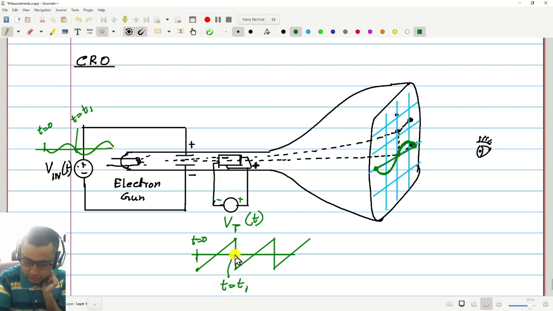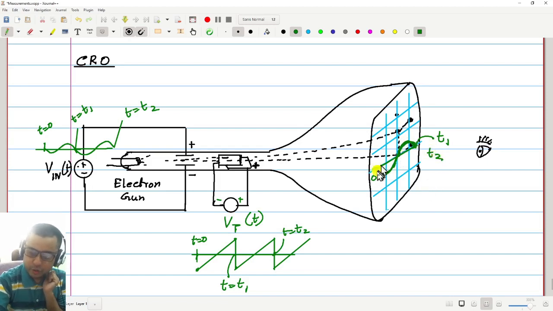Okay, so suppose this is T equal to T2, and this time is again T equal to T2. So then what will happen after, so this is at T equal to 0, this is T equal to 0, then at T equal to T1 the beam comes here, then again it comes back to this point and it traces the same path again, and it reaches this point again at T equal to T2.